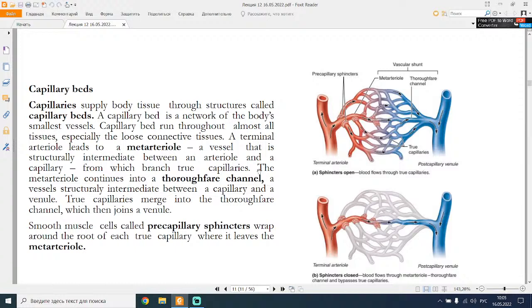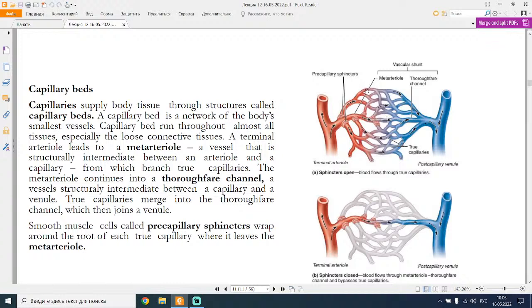Smooth muscle cells called precapillary sphincters wrap around the root of each true capillary, where it leaves the meta-arteriole. This is the precapillary sphincter, the meta-arteriole, the thoroughfare channel.